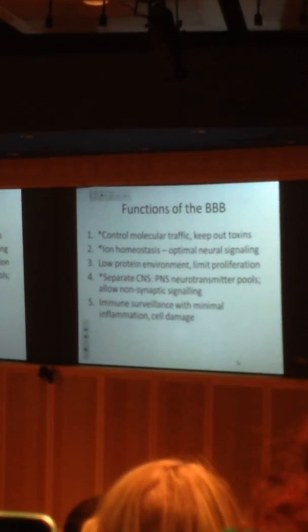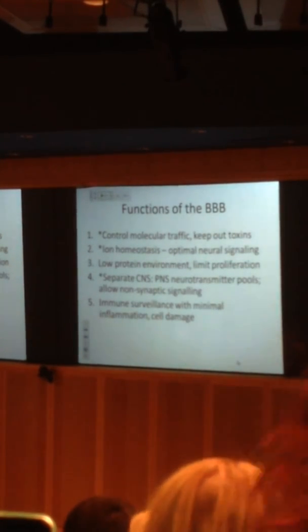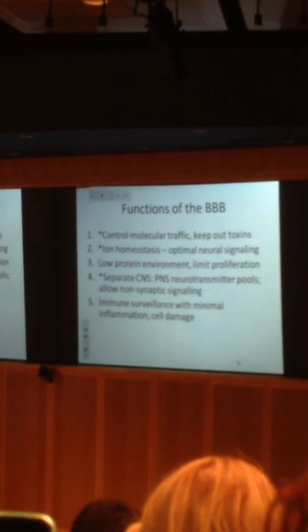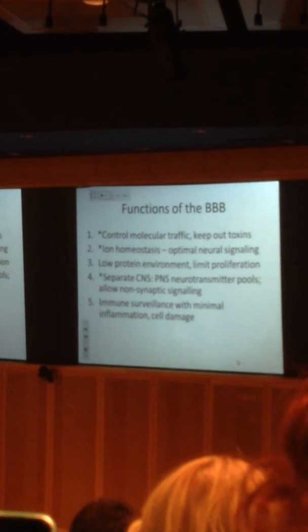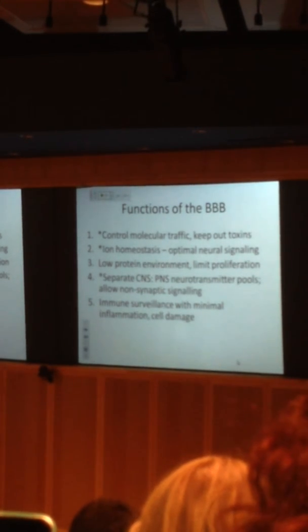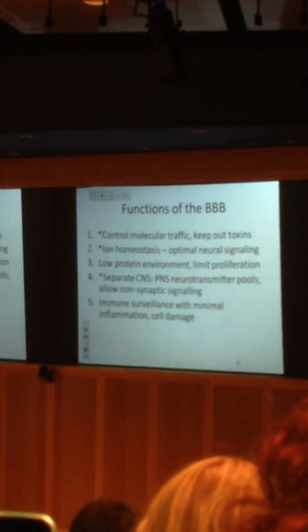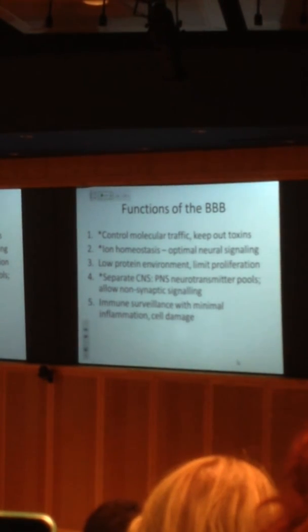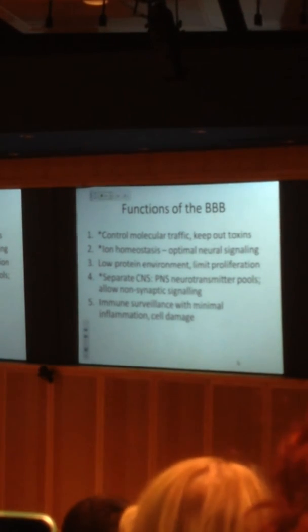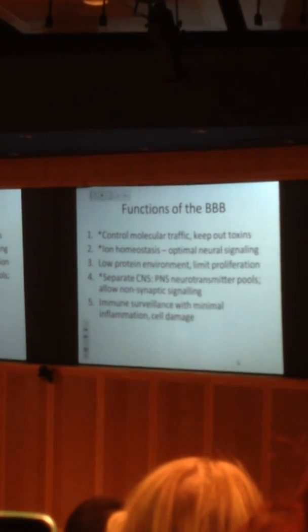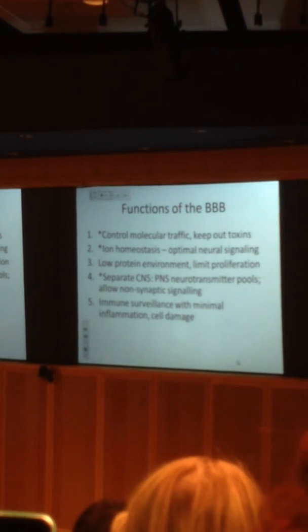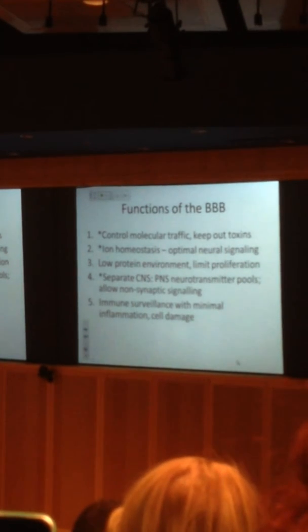The functions of the blood-brain barrier are listed here. Obviously, they control the molecular traffic and keep out toxins, and that is one thing we very much want. If you take a drug, for example one treating asthma or treating allergies in the spring, some drugs will give you dizziness and nausea. Some drugs do not.